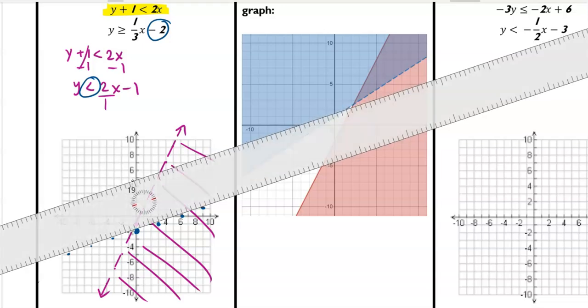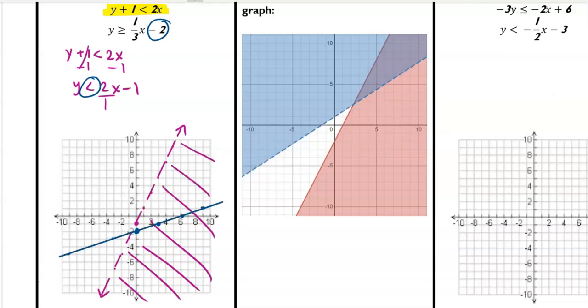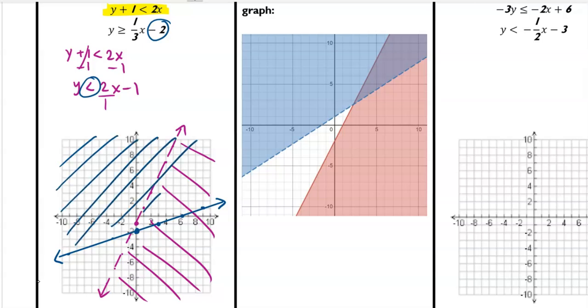When we have the or equal to, that is a completely solid line. Now, for the shading, it is greater than. So we're going to shade everything greater than the line here. So our shared region is right in this area.